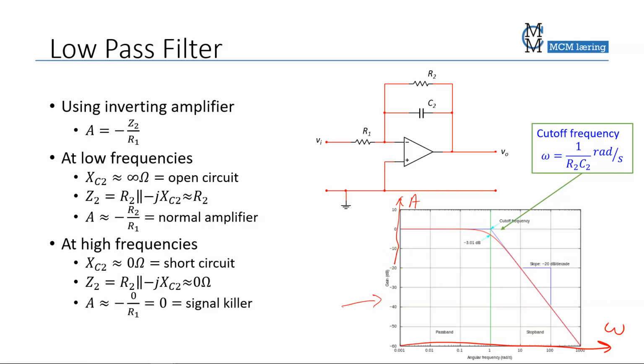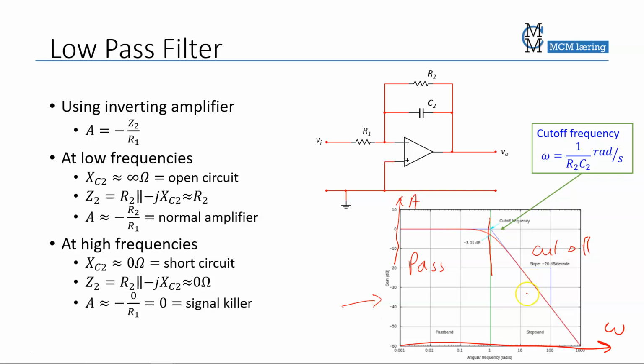The thing is that for low-pass filters, you have a controlled gain for low frequencies, for example, bass signal, and then you cut away the high frequencies, for example, the treble, bass og diskant på norsk. This is called the pass band, and this is called the cutoff band.